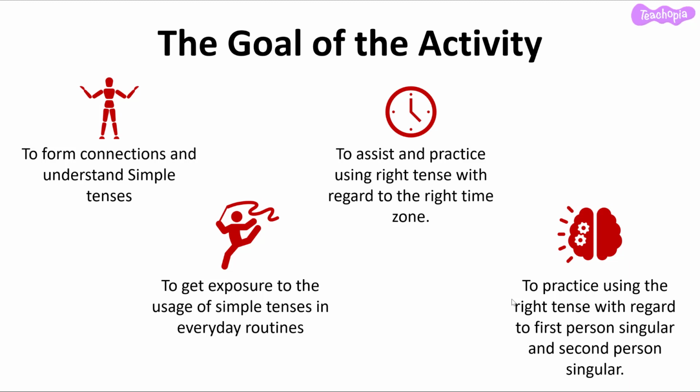It is also to get exposure to the usage of simple tenses in everyday routine. It is to assist students to practice using the right tense with regard to the right time zone. And last, it will help the students to practice using the right tense with regard to the first person singular and the second person singular.